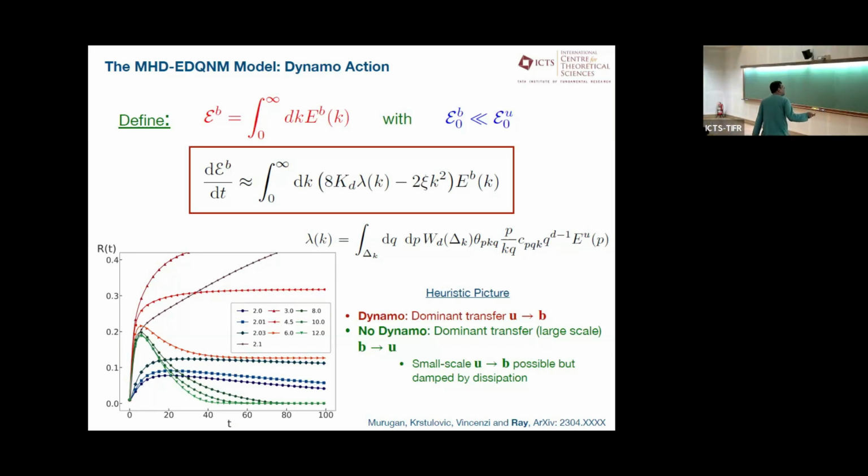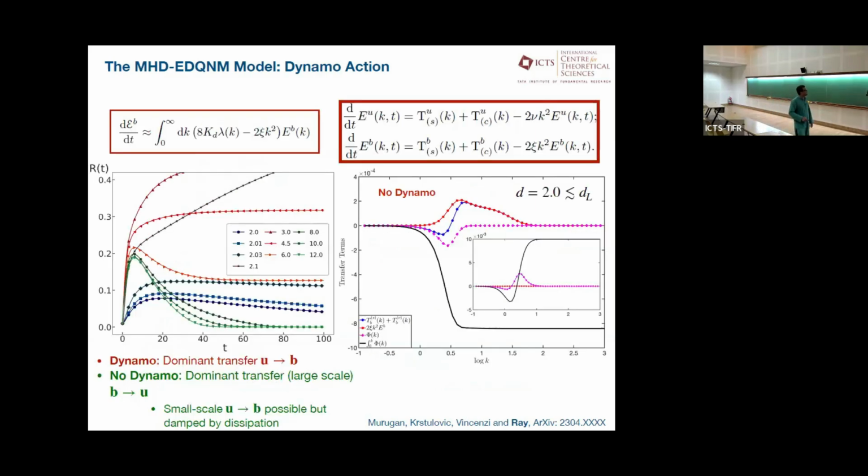For d equal to 3 and a whole bunch of dimensions in between, the magnetic energy rises and eventually saturates. For some of these curves, I haven't quite shown the saturation, but they do saturate. And then at large dimensions, again, you have the same feature that you see at d equal to 2, it grows and comes down. So a good indication that there might be an upper critical dimension beyond which dynamo action doesn't happen. There are ways to analyze these equations and see why you have this behavior.